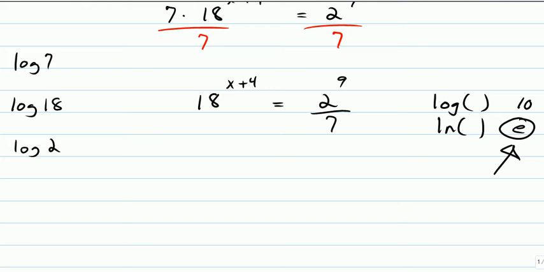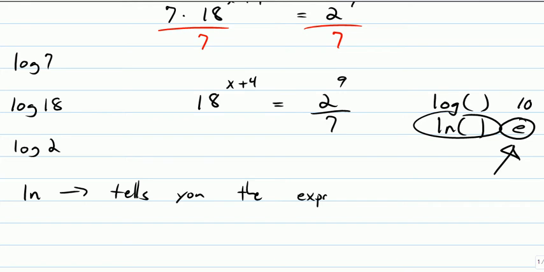So you tell the kids e is a number. It's really special. And what the natural log does is it tells you the exponent to put on e to get to your input, or to make your input.